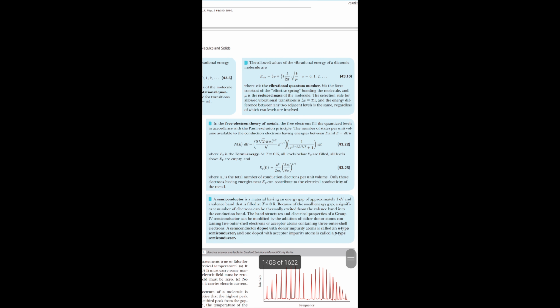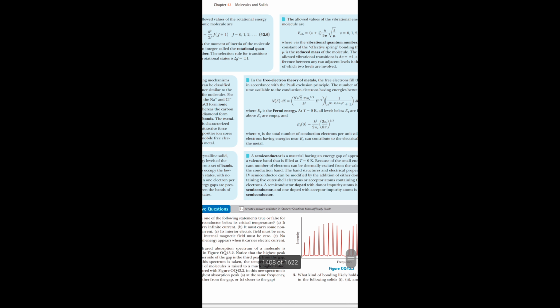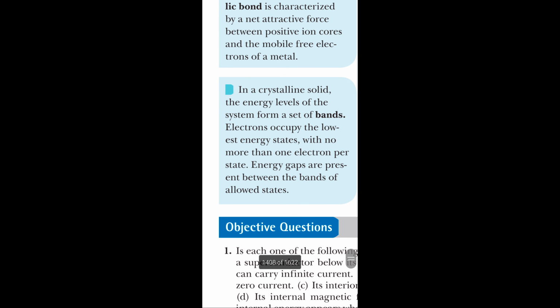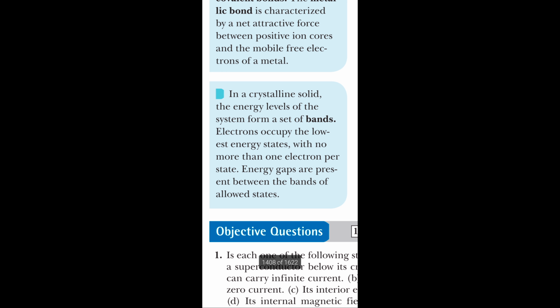Cool. So we have the free electron theory, which is pretty deep. This is where they introduced the Fermi energy and the Fermi-Dirac distribution. I don't have too much to say about that. It's going to make the video really long, so we're just going to zoom through that. In a crystalline solid, the energy levels of the system form a set of bands. Electrons occupy the lowest energy states with no more than one electron per state.